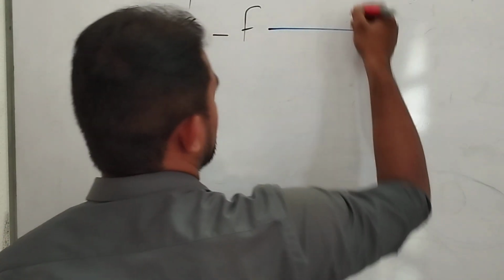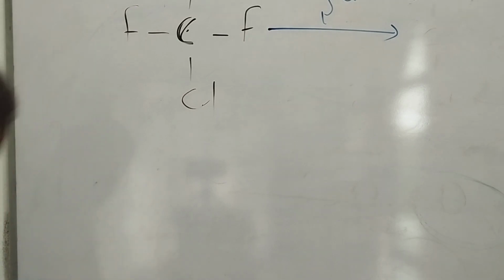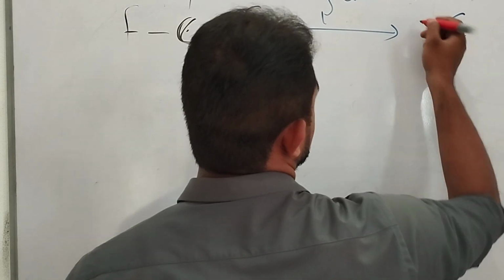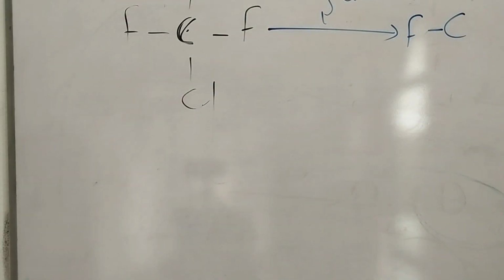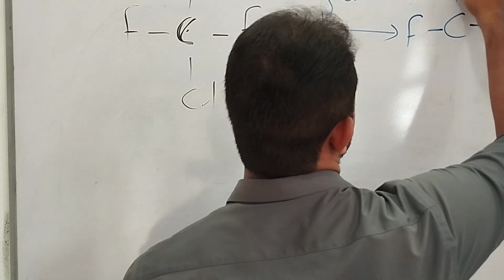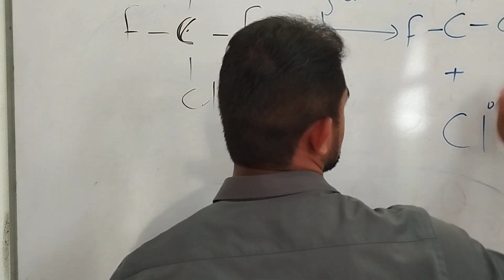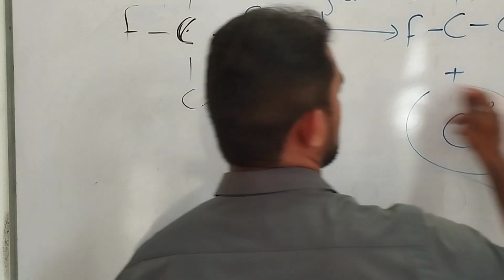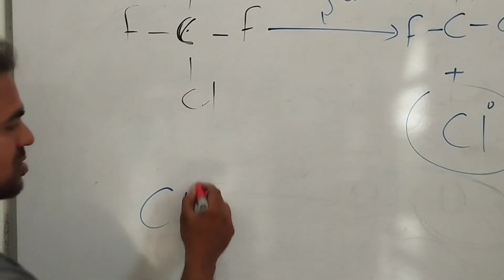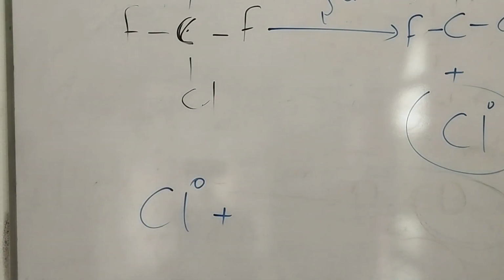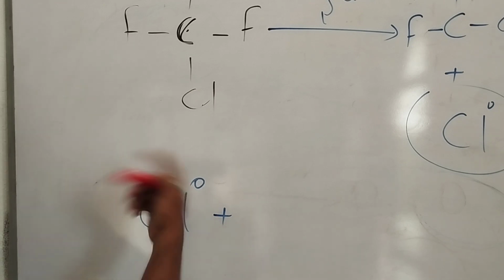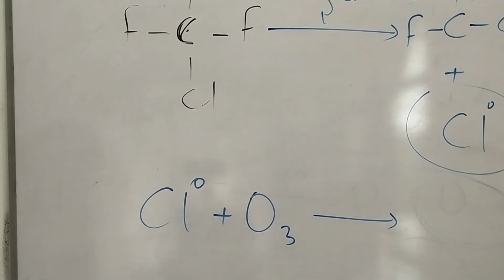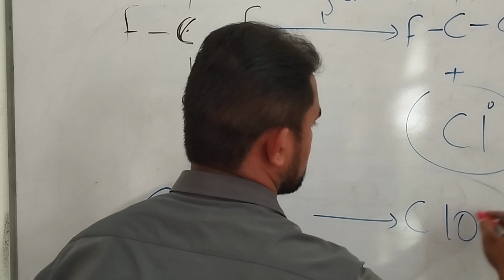CFC gas absorbs UV, and this absorption results in the formation of chlorine radicals, Cl dot. This Cl dot causes the depletion of ozone. Cl dot reacts with O3 and produces ClO dot and oxygen.